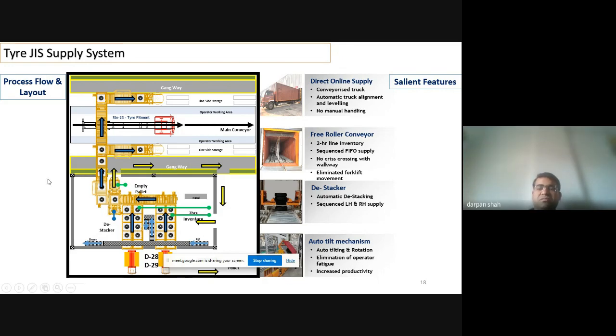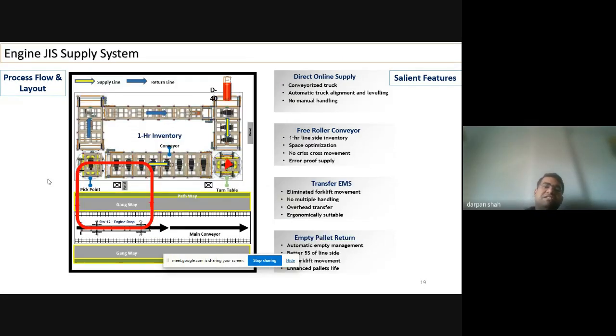So just going forward with other aggregates, engine being a very critical performance related part is required to be very systematically handled. So we have a separate engine assembly line where the engine and transmission both are coupled together, and then they are also supplied in a conveyorized truck.